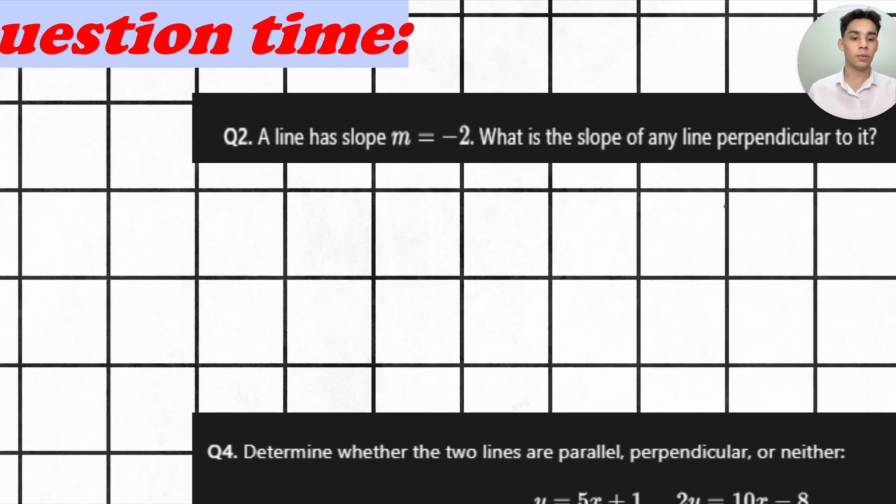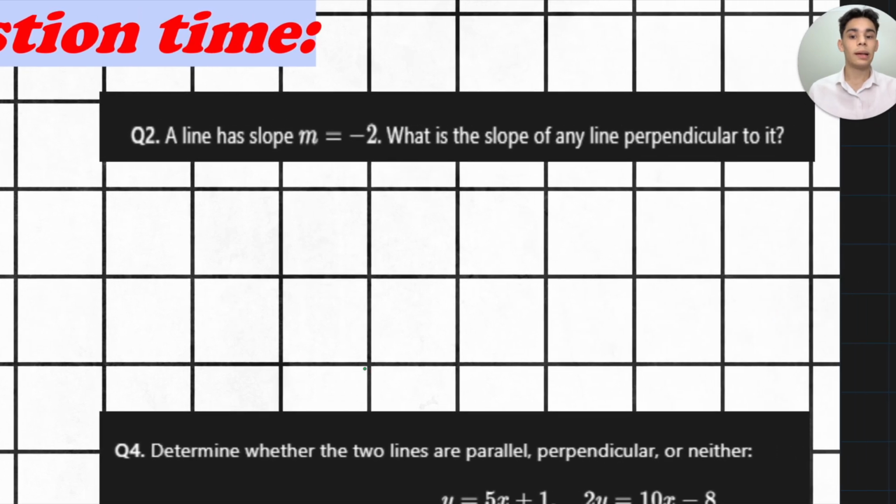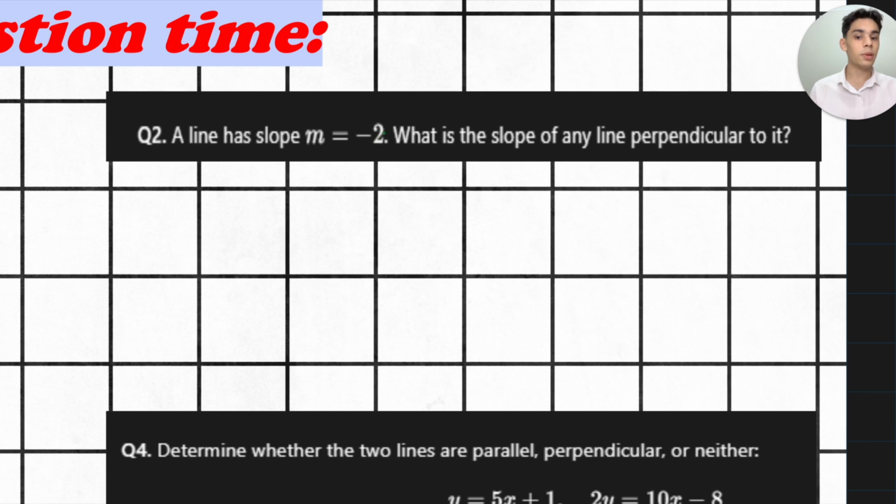Let's solve question number 2. A line has a slope m equals negative 2. What is the slope of any perpendicular line to it? As we covered, for perpendicular lines, m1 multiplied by m2 should give us negative 1. So, if this is our m1, negative 2 multiplied by, let's call it m2, should give us negative 1.